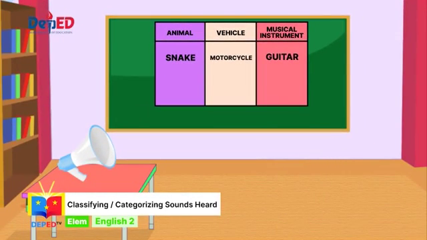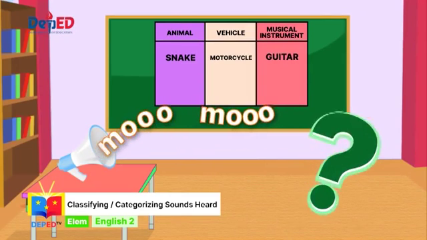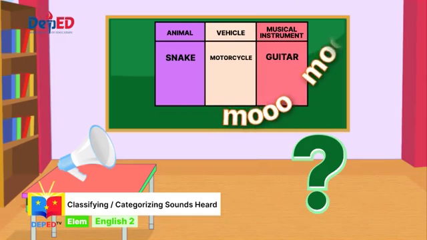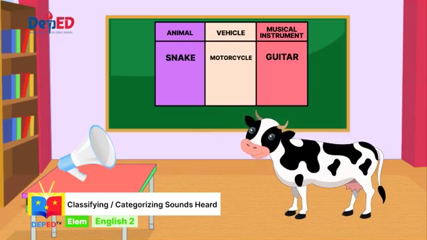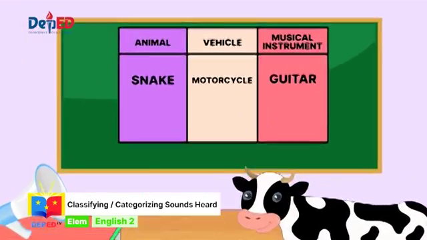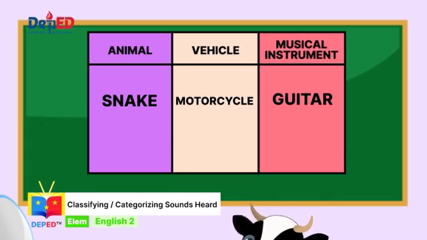Now, let's hear the next sound. What produces this sound? Yes, it's a cow, and this is definitely an animal. So let's put this in the animal column.